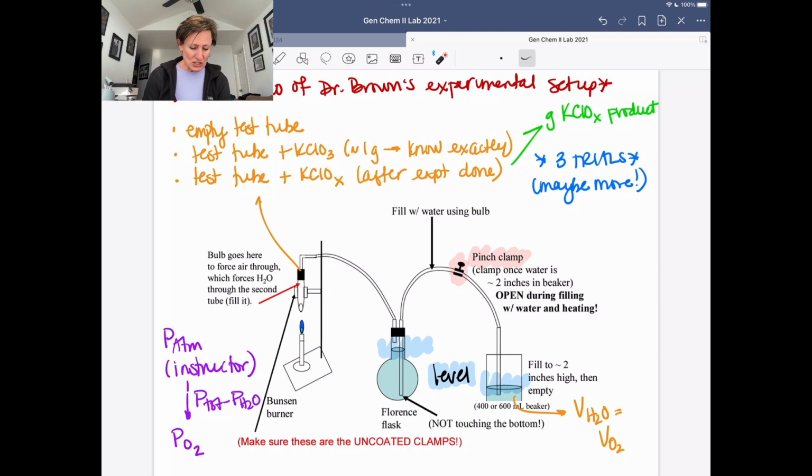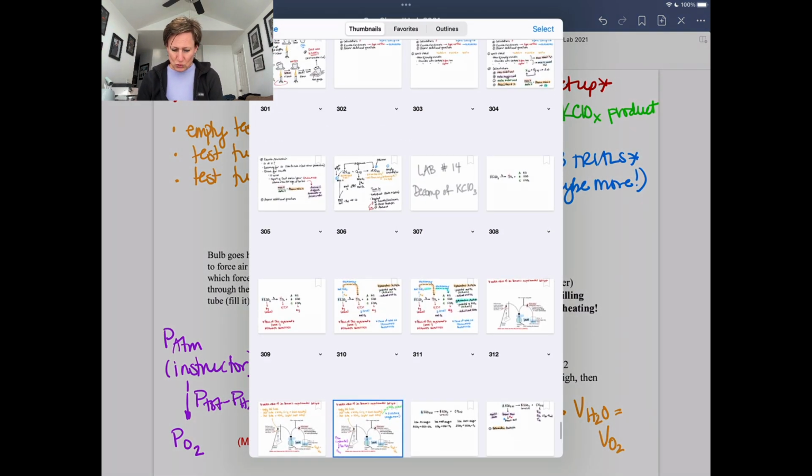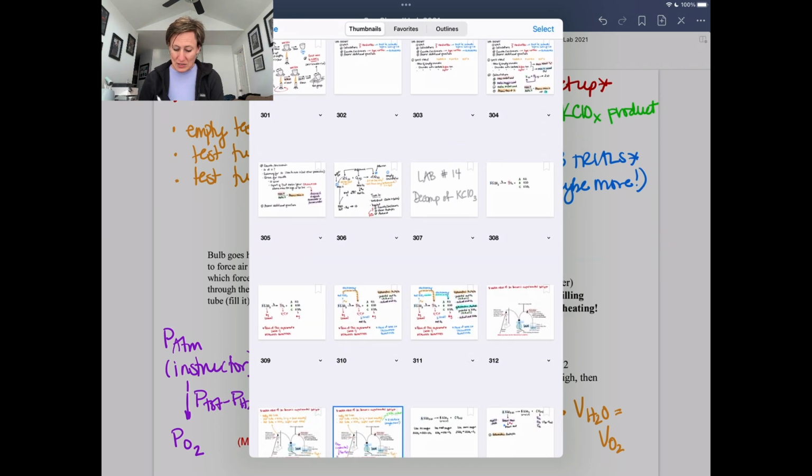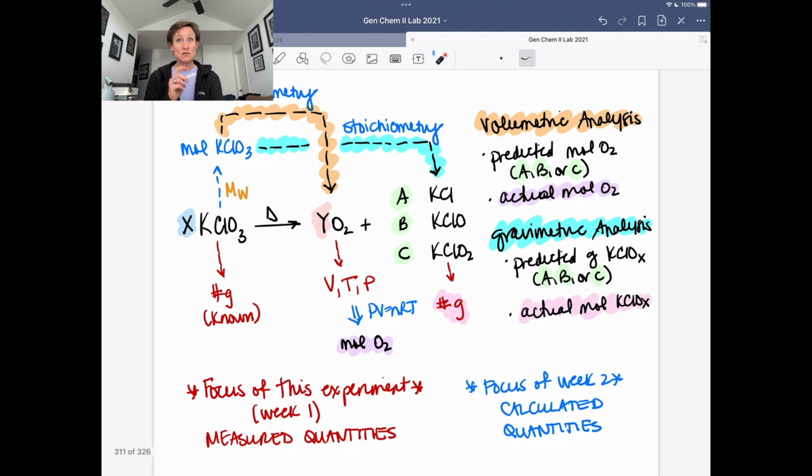So I want to go back just for a second to summarize and remind you about the experimental pieces of data that you're collecting for this first week of experiments. Again, you're going to know the mass of your test tube, and then you're going to weigh the test tube with your potassium chlorate salt, and that difference is going to be the mass of potassium chlorate that you have. You're going to do your experiment.